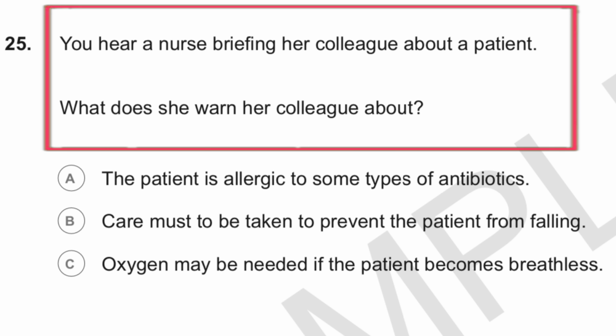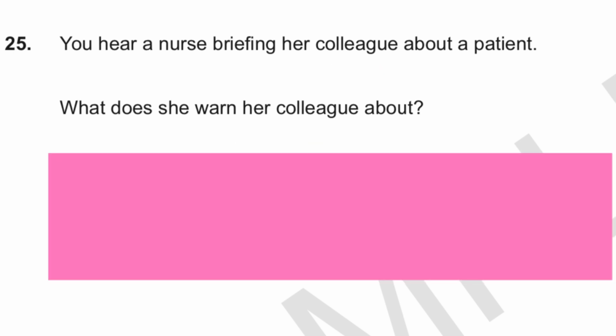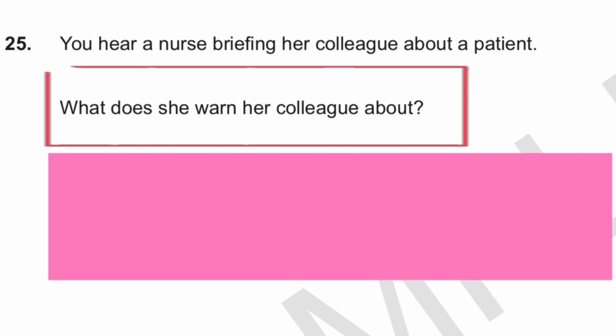Just focus on the question, understand the question, and then cover the options. Ignore the options. And now, while listening to the extract, keep in mind the question and listen for its answer.